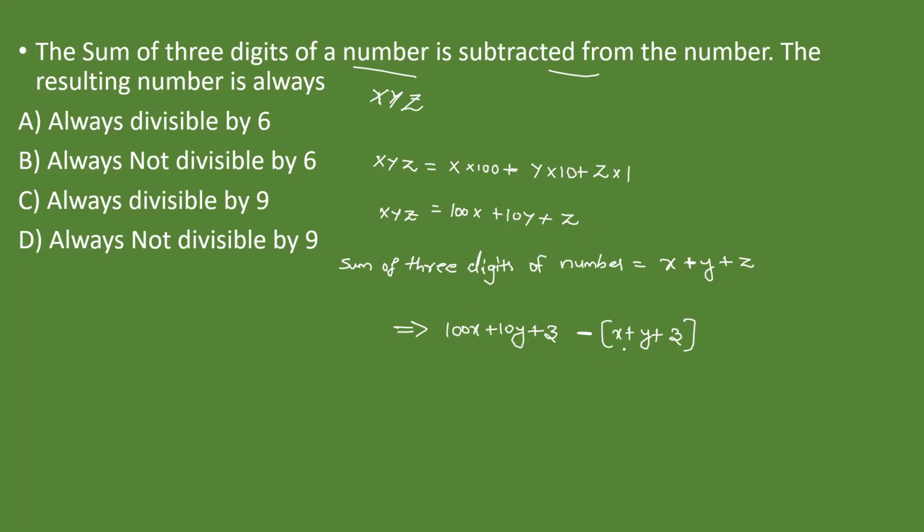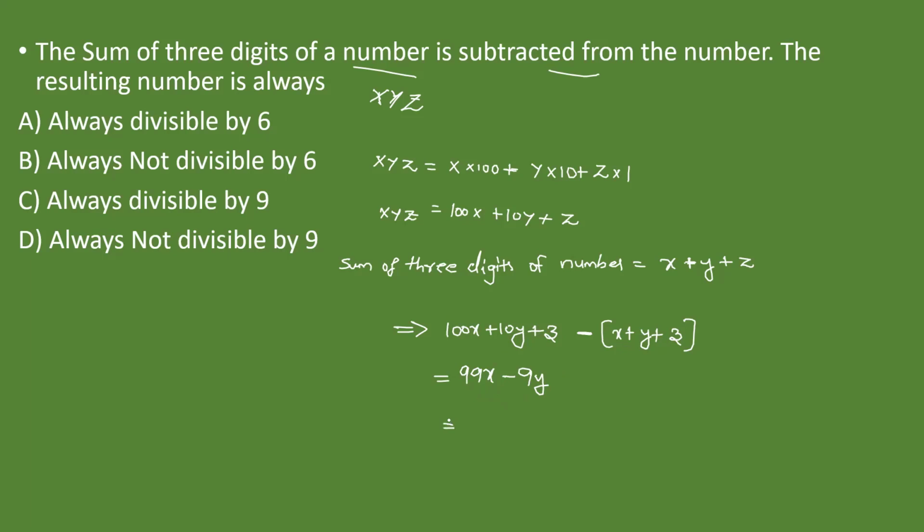Now what happens to 100x minus x? It becomes 99x. Similarly, 10y minus y becomes 9y. Plus z minus z, both get cancelled. So the final resultant output we got here is 99x plus 9y.